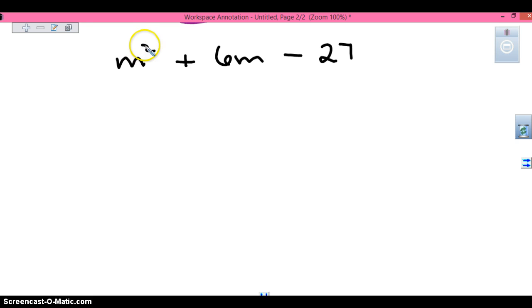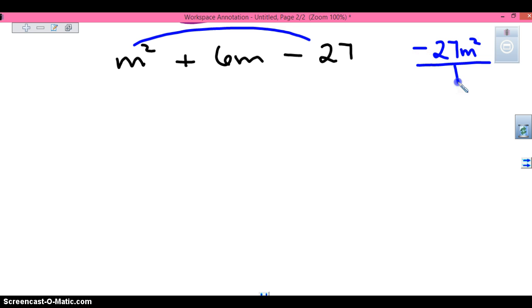If we have to factor m squared plus 6m minus 27, again we multiply m squared times negative 27, negative 27m squared. When we have to factor a negative, that means one of the factors will be positive and one negative. Now we are looking for them to add up to positive 6m.